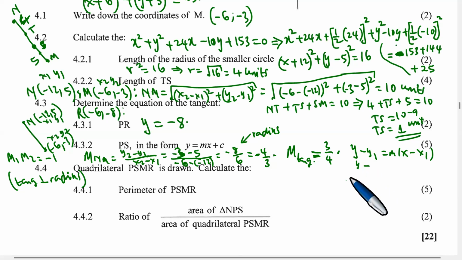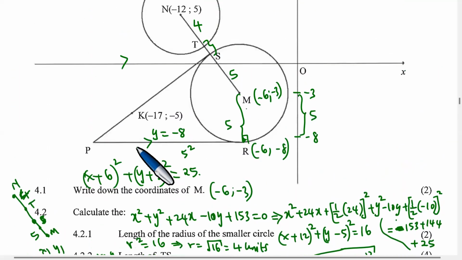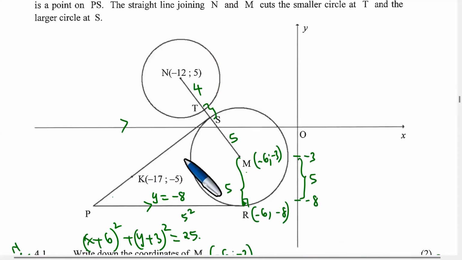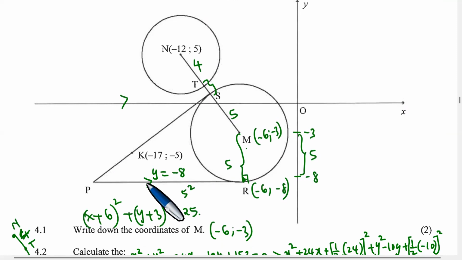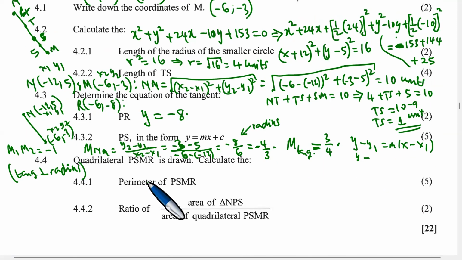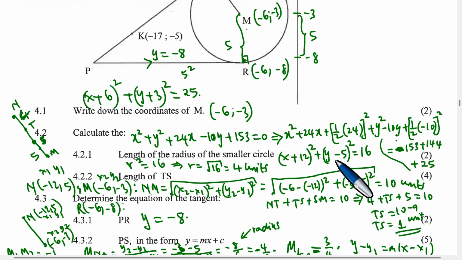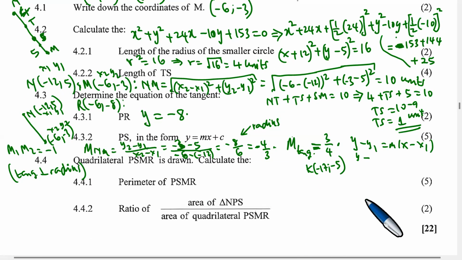Obviously, you could agree that the equation of the tangent PS passes through the point K with coordinates (-17, -5), which is x1, y1. Which means we have y1, which is -5. The gradient of the tangent is 3/4.